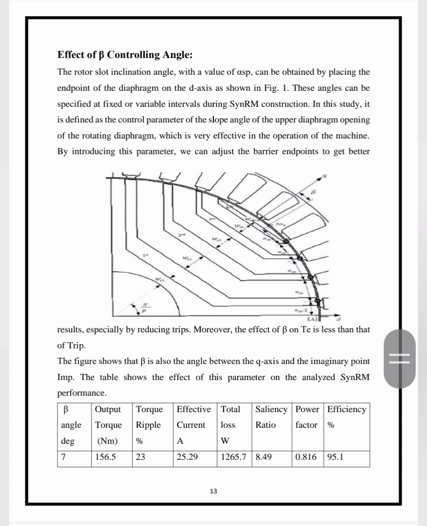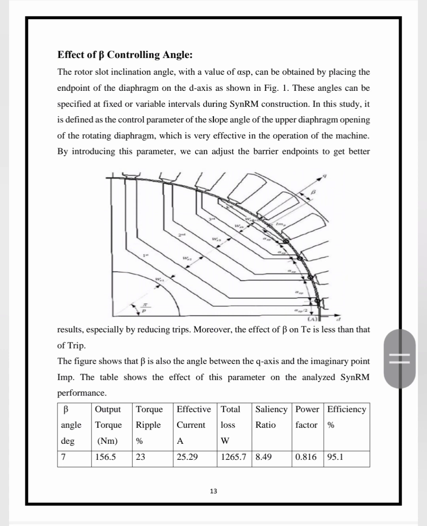The beta controlling angle ranges from 7 to 14. We get the output torque, and it is varying and decreasing. Torque ripple percentage is also decreasing. Effective current is also decreasing. Losses are also decreasing. Saliency ratio is also decreasing.